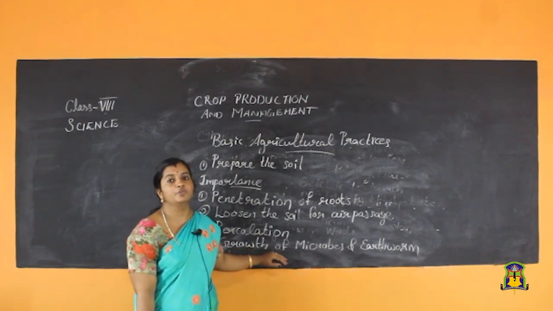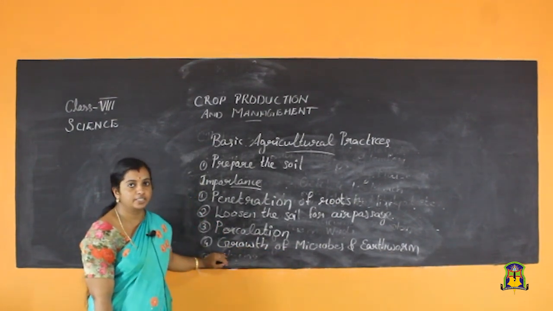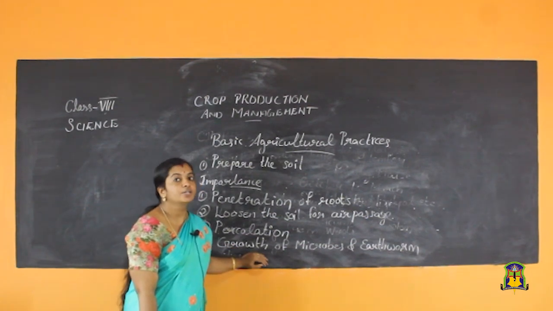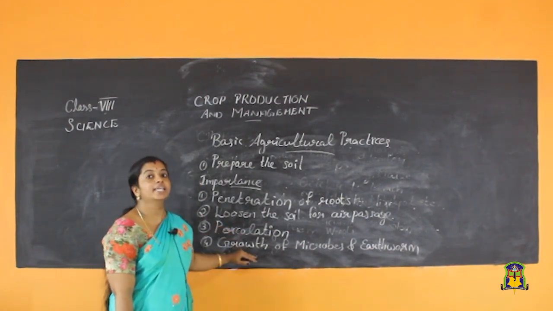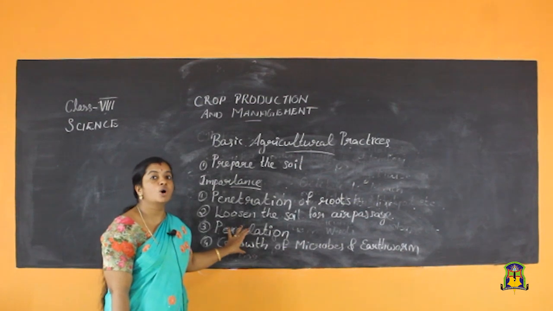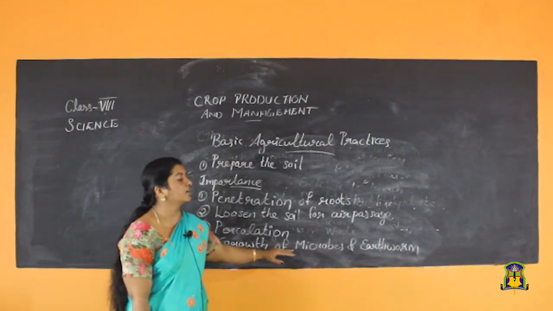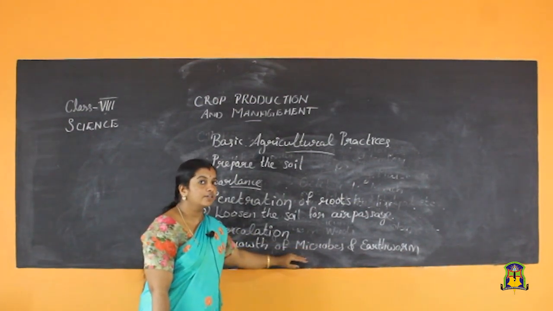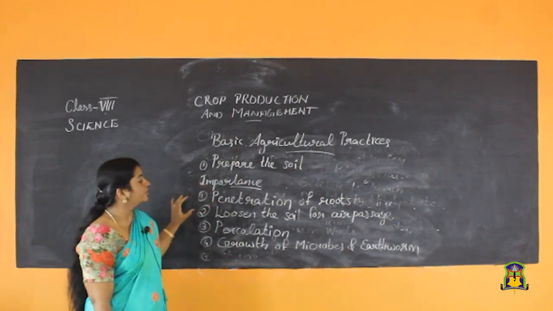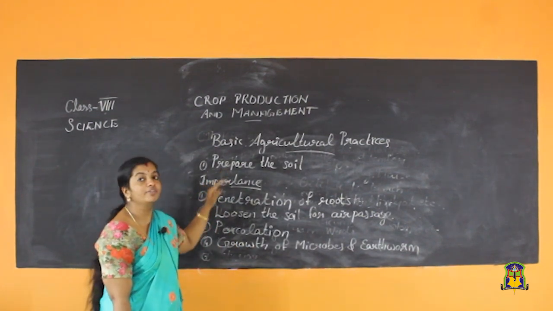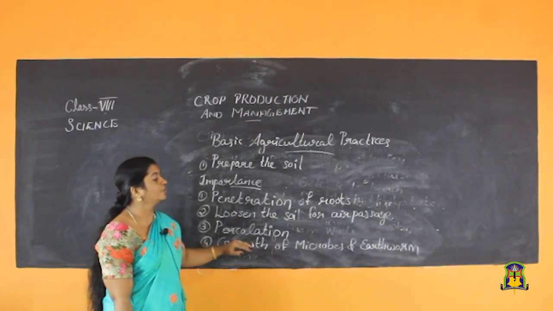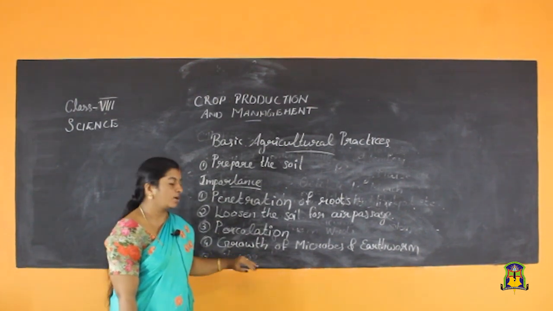Why do we say so? Because the earthworms grow in the upper layer of the soil and they help to keep the soil moist and loosened. So, earthworms are called the farmer's friend. So, for the growth of the earthworm, we have to prepare the soil, we have to loosen the soil so that the earthworms can grow there and keep the soil moist.